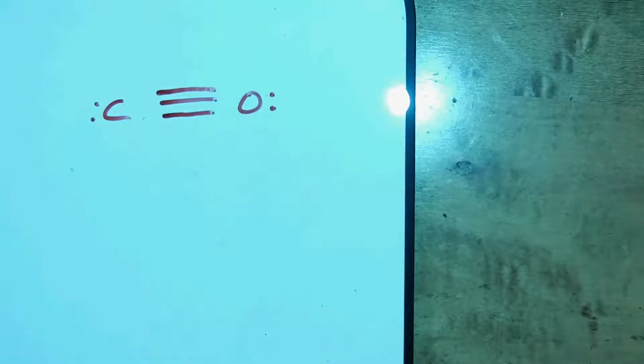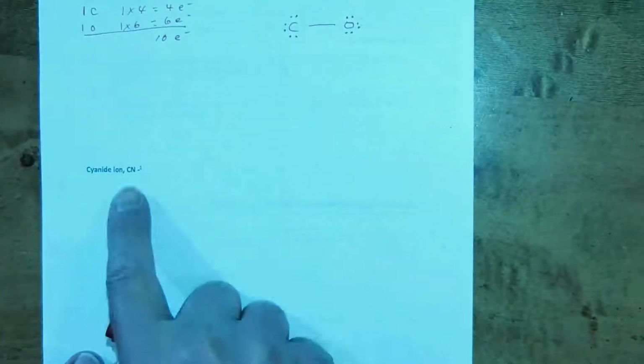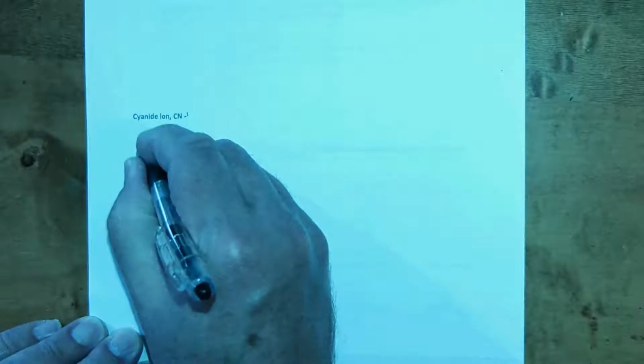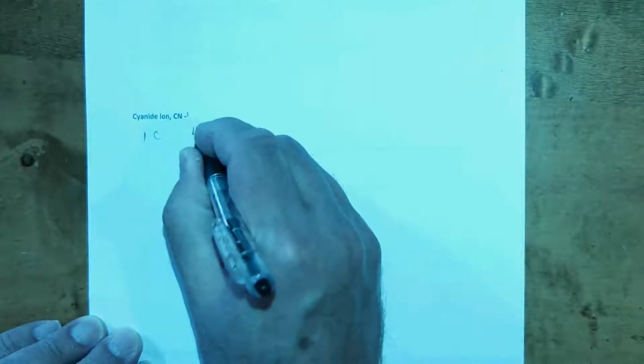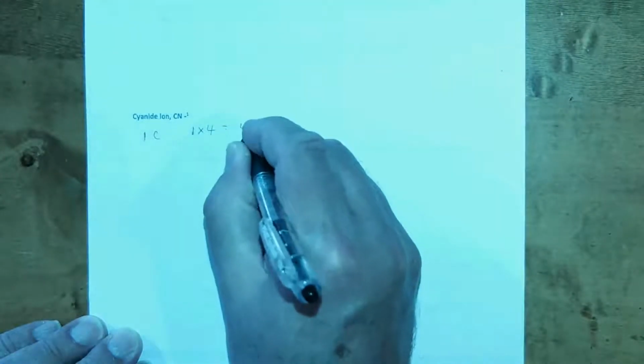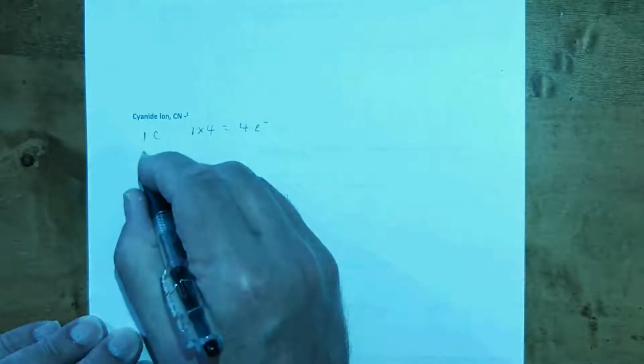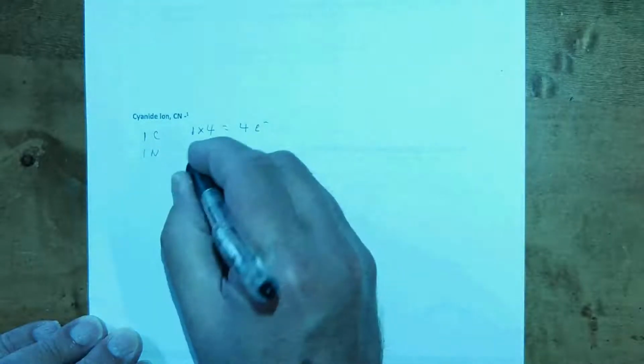Let's go on to the next one. Again, you might want to pause this and see if you can work through the next one, which is the cyanide ion here, all on your own. Now, I'm going to show you how to do the cyanide ion. Cyanide, you got 1 carbon atom, so that's going to be 1 times 4, worth 4 electrons. You have your 1 nitrogen atom.